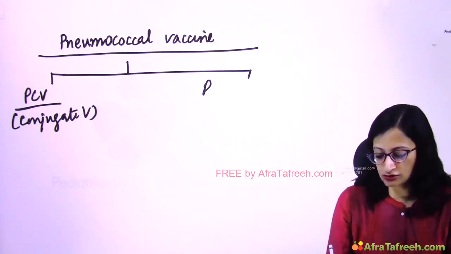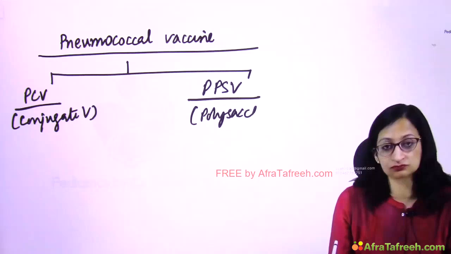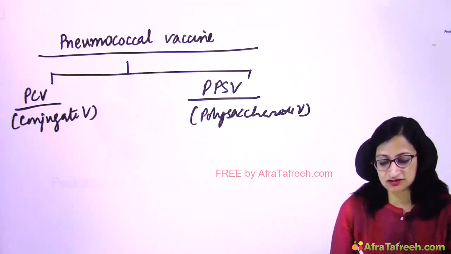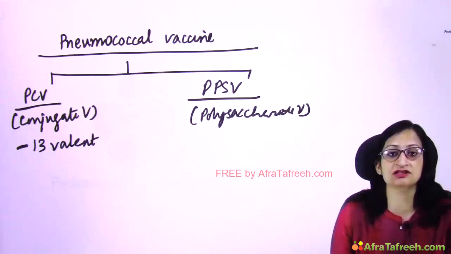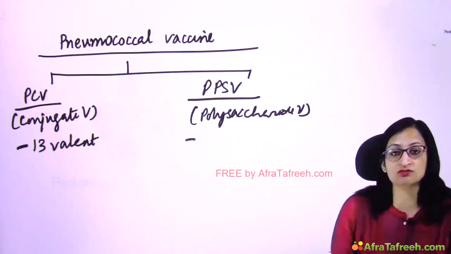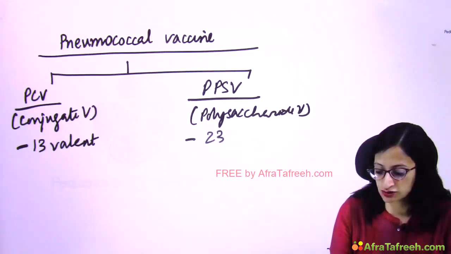And we have a pneumococcal polysaccharide vaccine. Okay. The pneumococcal conjugate vaccine which is currently available is 13 valent. That means it covers against 13 serotypes of pneumococcus. While the pneumococcal polysaccharide vaccine covers against 23 strains of pneumococcus.